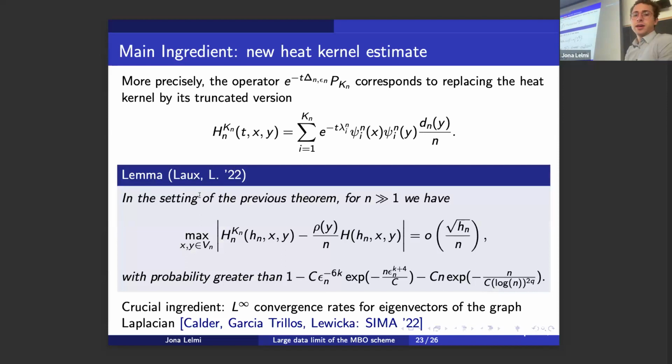The main technical result of our paper says that, in the setting of the previous theorem, if you compare this operator that I just introduced to the heat kernel on the manifold, and you take the max over points x, y on the nth graph, then this error estimate holds true with very high probability.